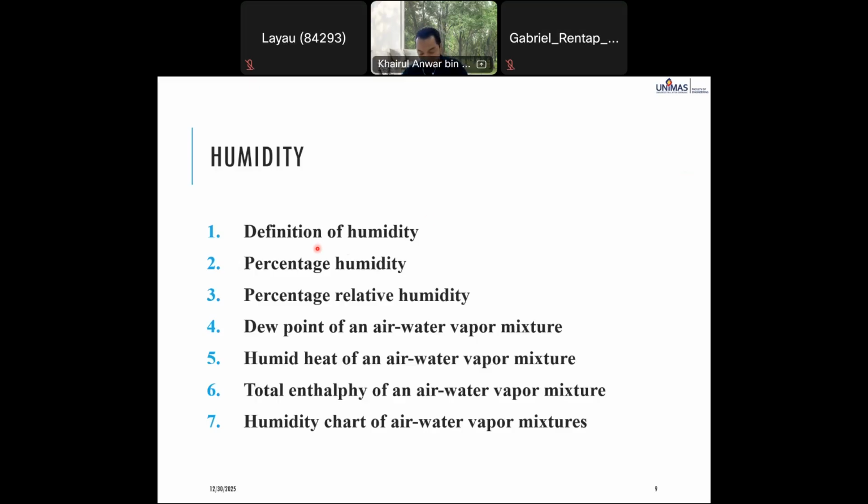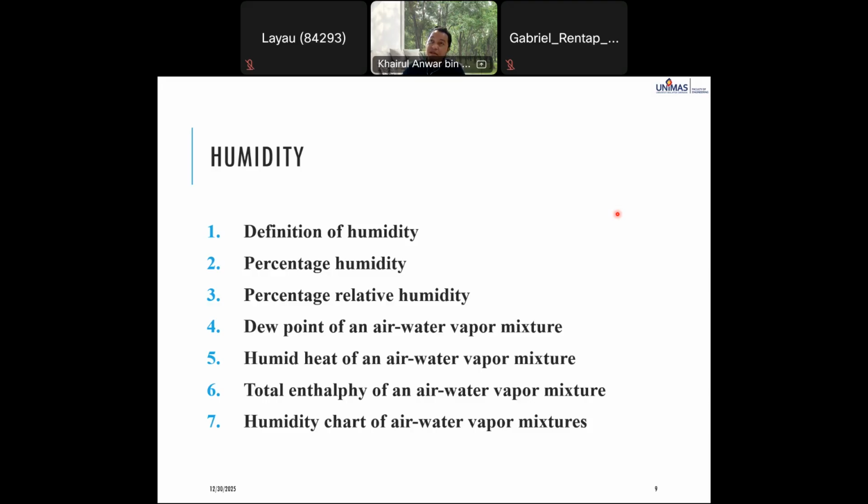Now we go to humidity. Humidity is also directly related to drying and the humidity chart.